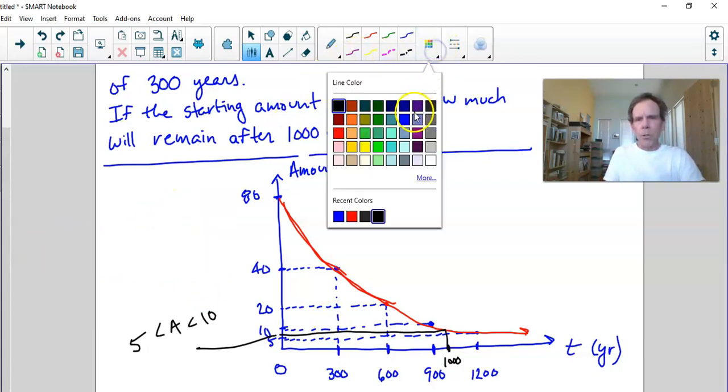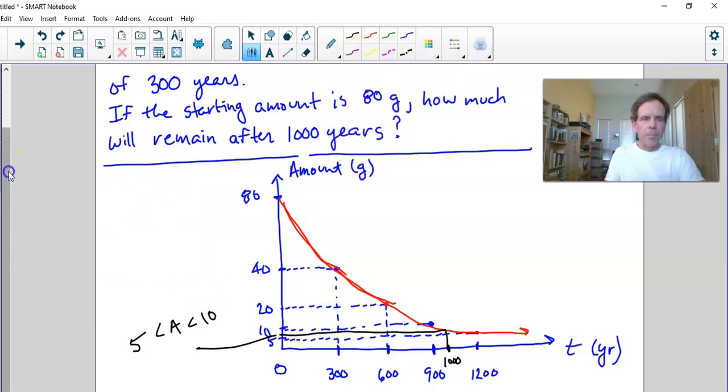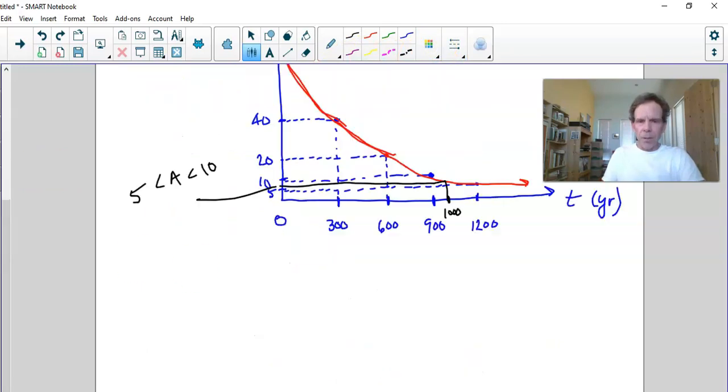Okay, let's do this mathematically now and get the exact amount that's going to be left after 1,000 years. The master equation is just like the growth equation. It's the amount at time t equals the starting amount, which we'll call a sub 0, times e to the k times t.